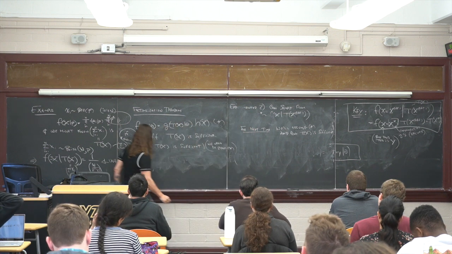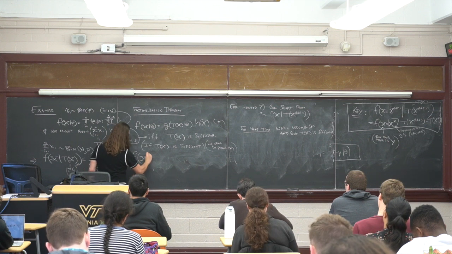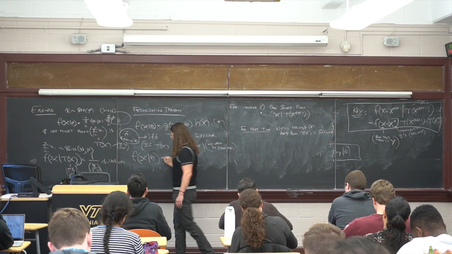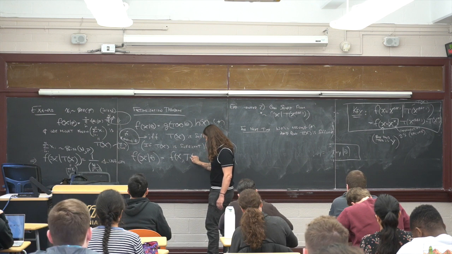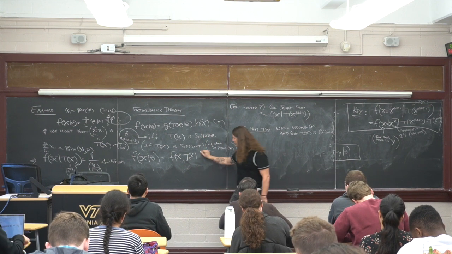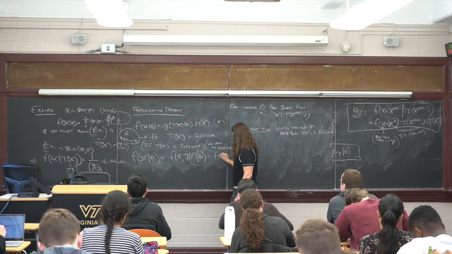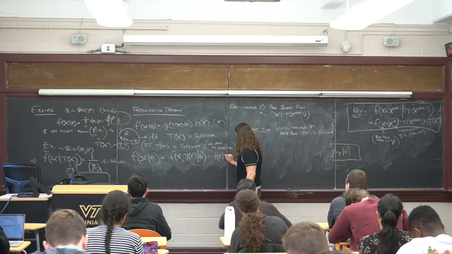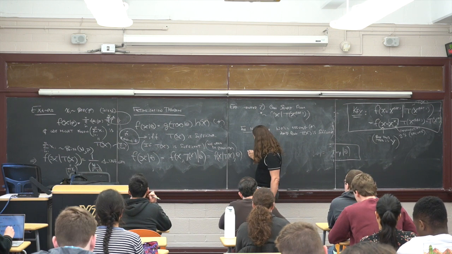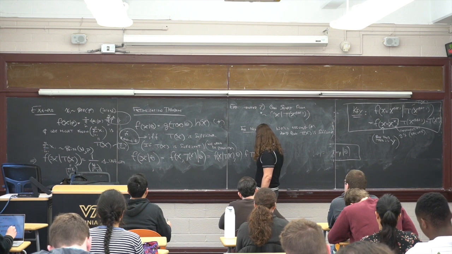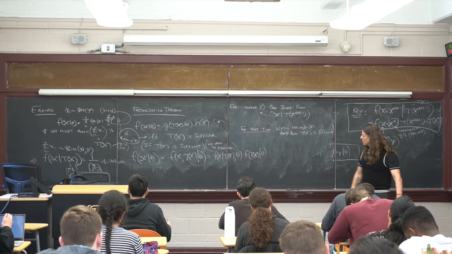Cool. Okay, this is pretty easy. So f of x given theta is equal to f of x and T of x, no extra information, given theta, which is just equal to f of x conditional on T of x and theta, times f of T of x given theta. So that's just probability theory. That's always true.